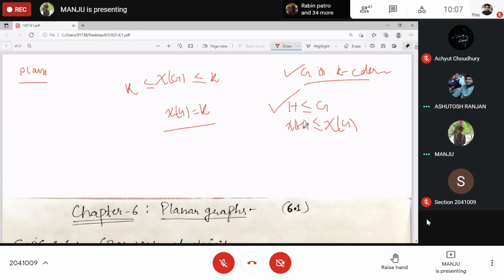That's it. Ma'am, in that example, there was a C5, the Petersen graph, with C5 and you have taken three coloring. Can we take five proper coloring?